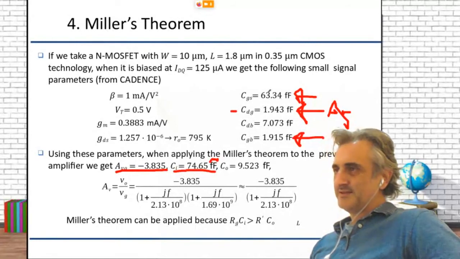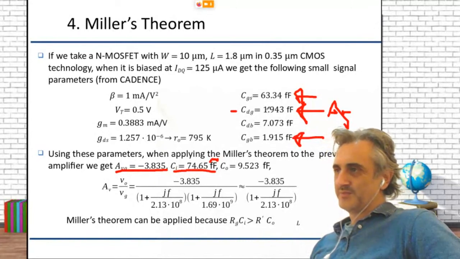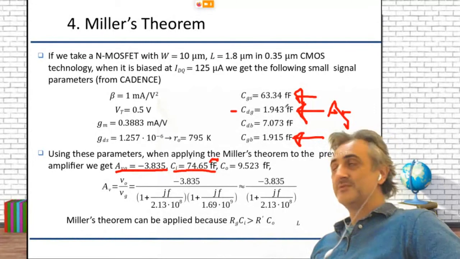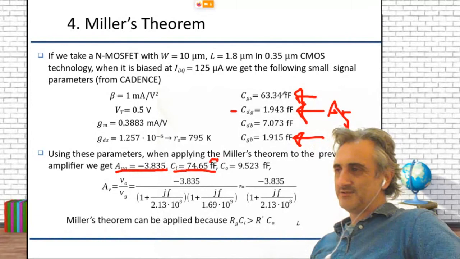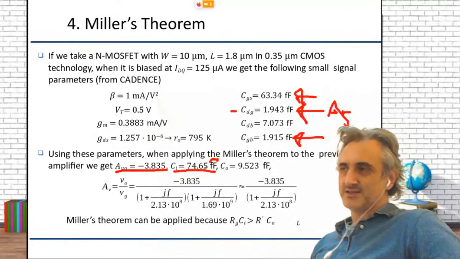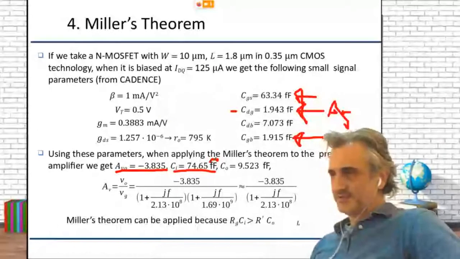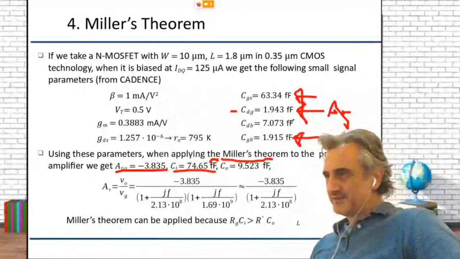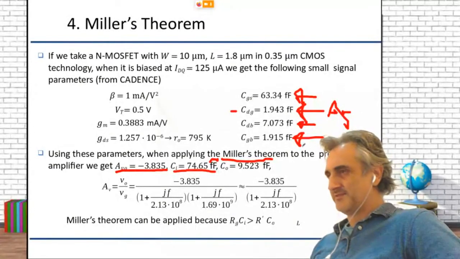This is why 73 plus 2 is 75, plus 4 by 2, which is 8, so more or less 74. And the output is this plus something else caused by different things.